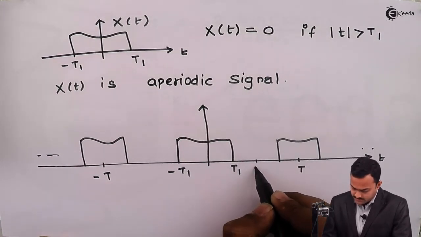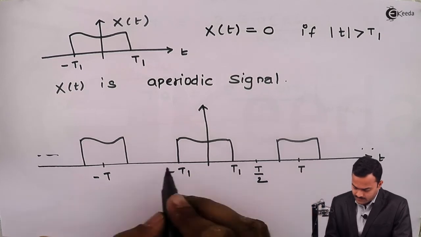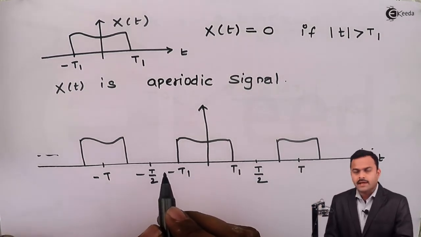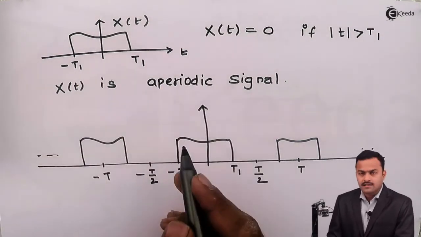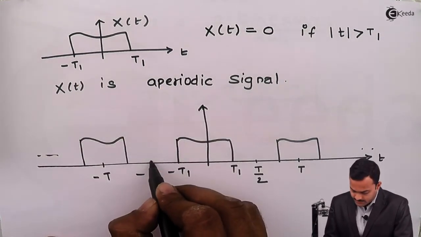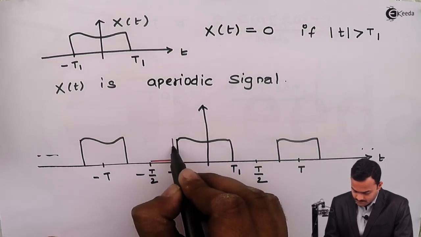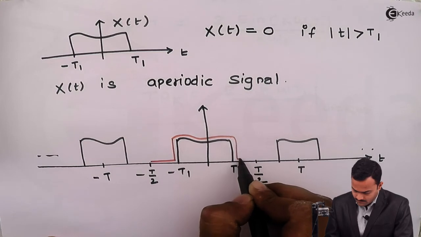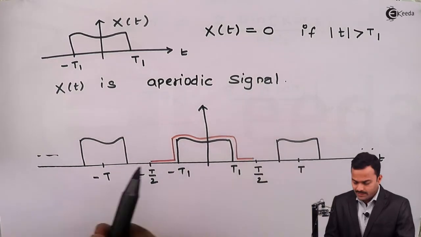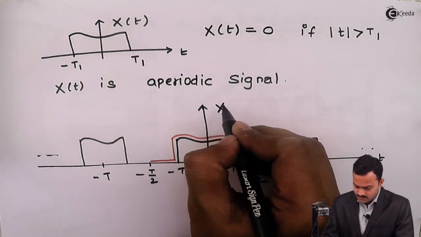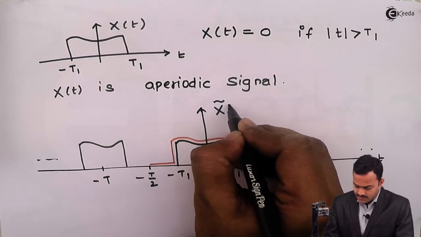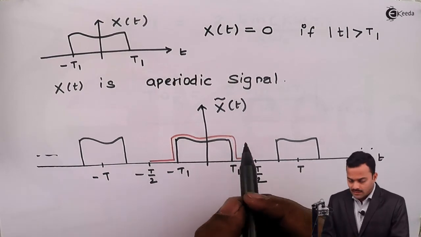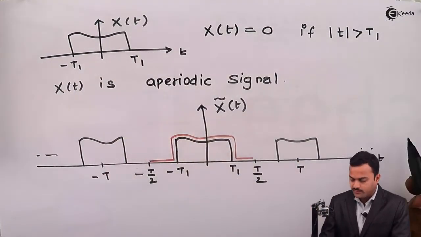I consider this is T by 2 time interval, this is minus T by 2. In other words, this signal now I can assume like this. I will name it as x bar t. So what I have done, I have fit this x of t in this particular waveform.